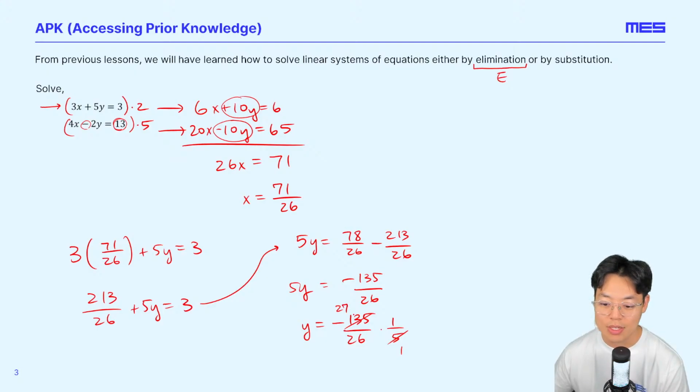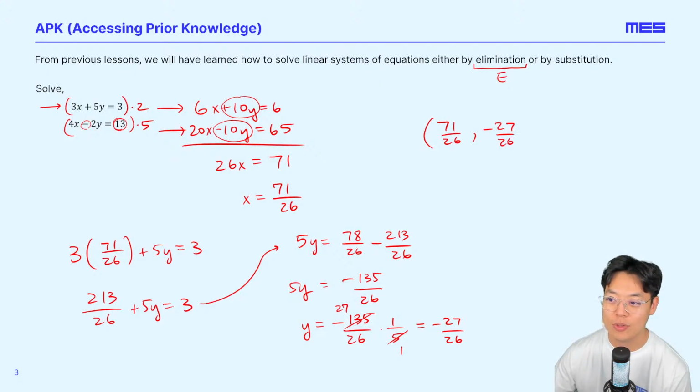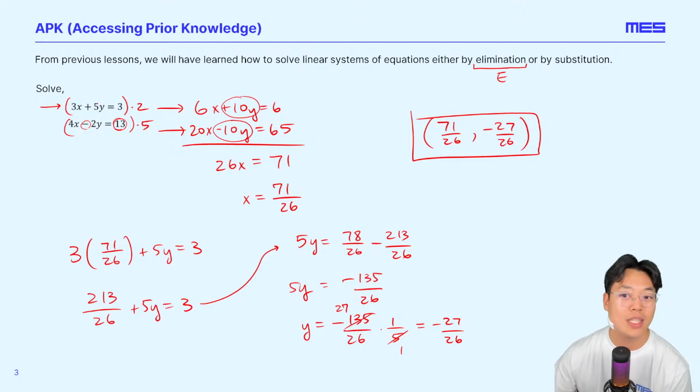We'll get 27. So y is equal to negative 27 over 26. We learned in previous lessons that whenever we solve a system of equations, we must put the solution in the form of a coordinate point. So we have 71 over 26, comma, negative 27 over 26. And this is the point where these two linear equations intersect.